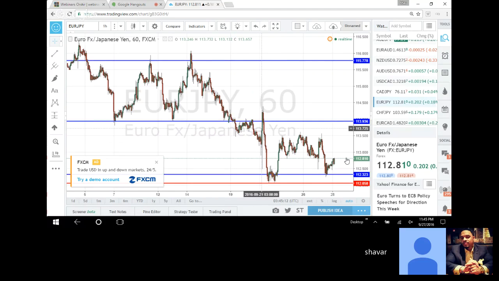All right, so it did go down and hit my support area and bounced up. I was looking for it to come back down here before it went up, but let's see what happens. Let's see if we get another retest here. It hit here, went up. Let's see if it could come back down here. If it does come back down here and does not break, then we buy and take it all the way back up. But it did rise up 50 pips away from one of my targets. This was a nice support area, but I was looking to get in around here. Didn't quite get that far.